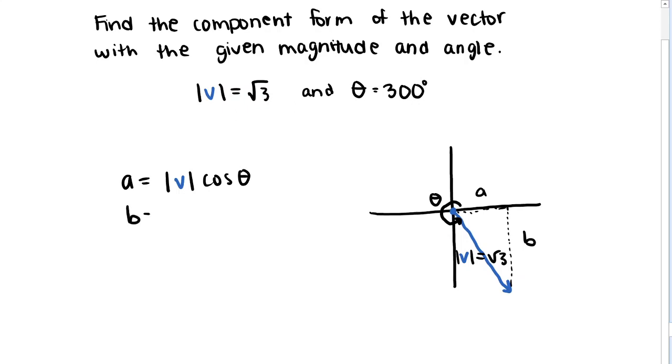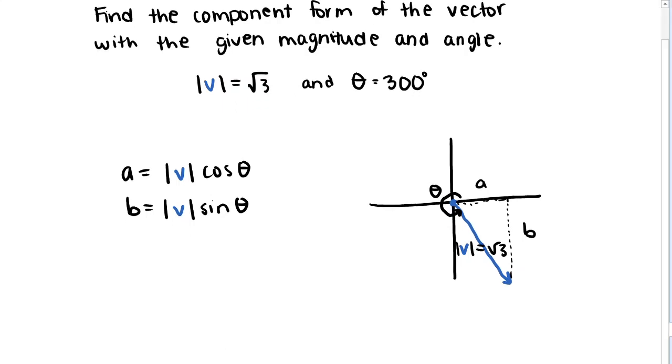And then B is equal to the magnitude of v times sine of theta. Right, so these are just the cosine and sine ratios, but here multiplied both sides of our ratio equation by the magnitude of v.